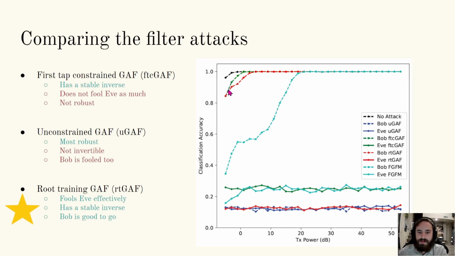And because it has a stable inverse, Bob can easily decode, so his classification accuracy is very good. As for the root training GAF, Bob's classification accuracy is also very good in red, the red dashed line. And because the root training GAF is more general than the first tap constrained GAF, we actually see an even lower classification accuracy at Eve, which is very good.